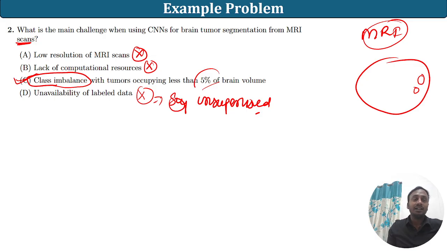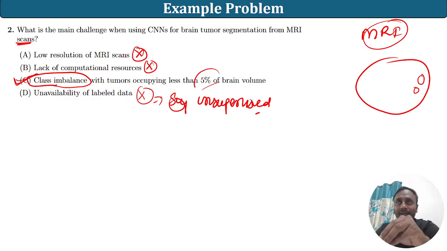Sir, is it due to the accuracy of the CNN network that it cannot detect 5% of the brain volume? We are not talking about the full CNN. As mentioned, the problem is the class imbalance.